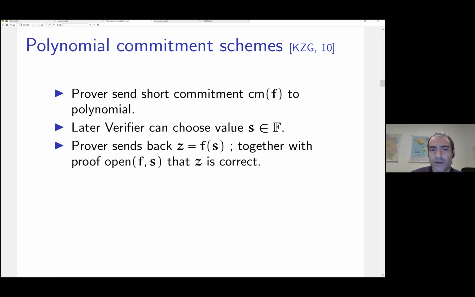Doesn't matter too much. But then the important thing is that the prover sends a proof that really, yes, z is f of s for the f I had in mind during commitment time. I'm not changing my polynomial after you chose s.